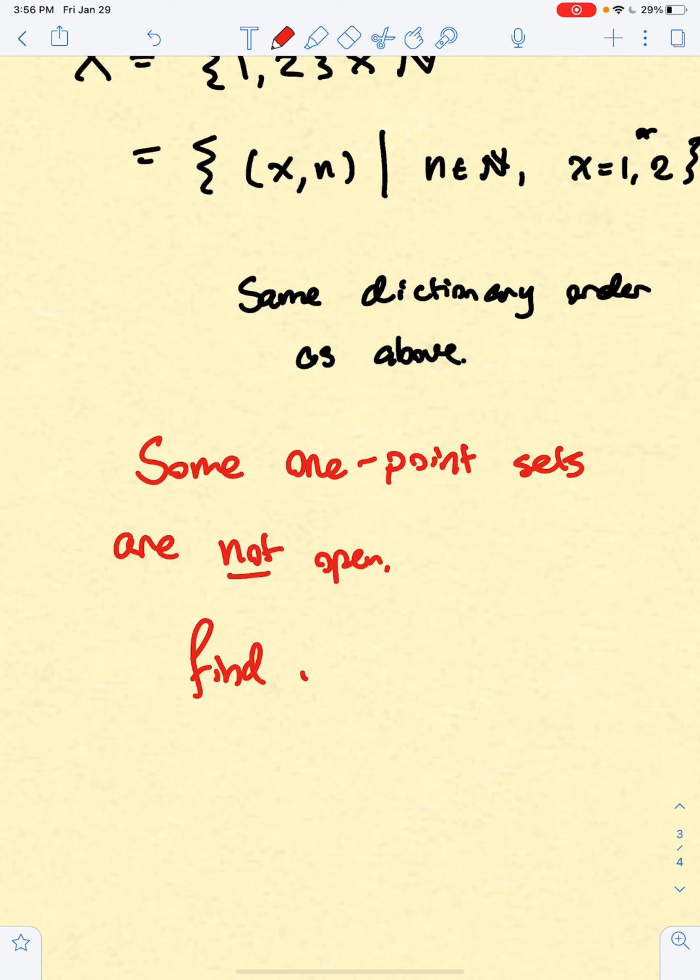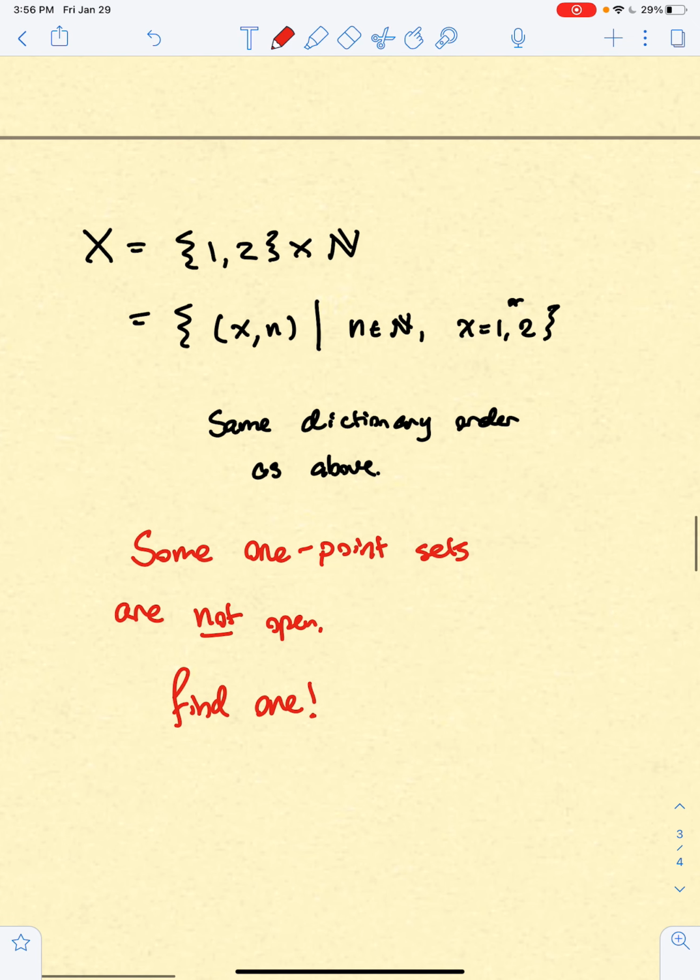Find one. In particular, if there's some singleton set that is not open, then this does not have the discrete topology. That's something I want you guys to try to do. This is just a fun little thing. If that's not fun, I'm sorry, then think about it as informal homework. All right, I'll see you later.